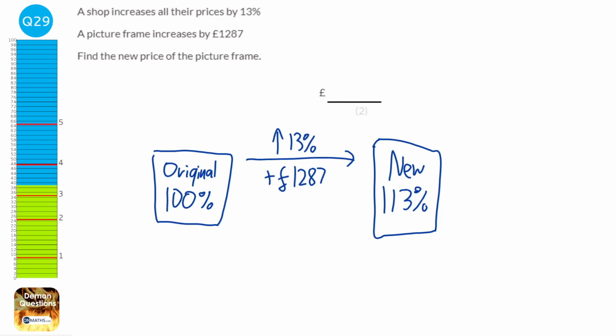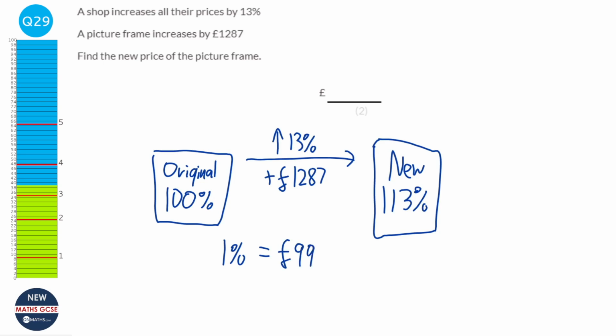So what we're going to do is we're going to work out what 1% of the price increase is. Instead of 13%, we're going to work out what 1% is. And we're going to do that by dividing the amount by 13, and we get 99. So 1% represents £99.